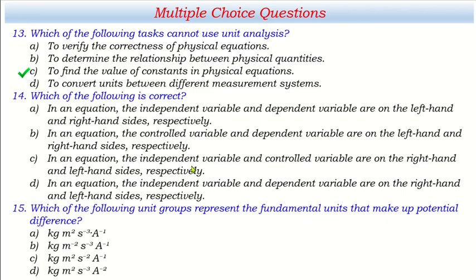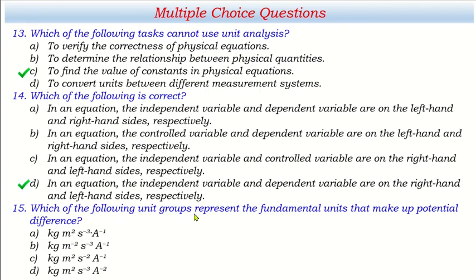The independent variable and control variable on the right and left respectively: also not correct. The independent variable and dependent variable are on the right hand and left hand sides respectively. Yes, this is correct. The independent variable is on the right hand side, and the dependent variable is always on the left hand side. That's why option D is correct.